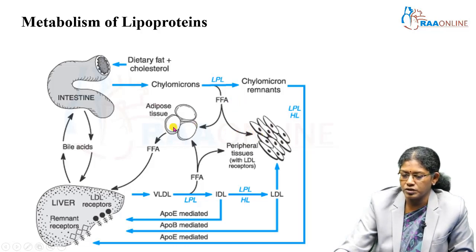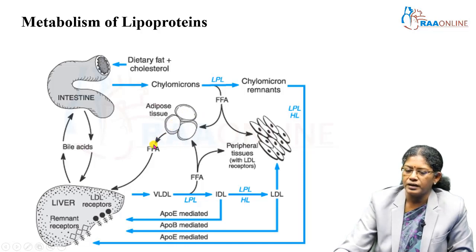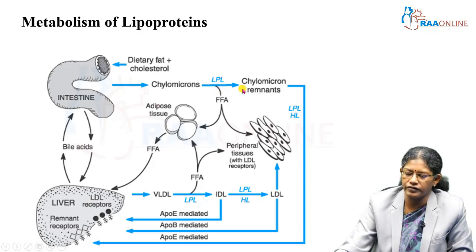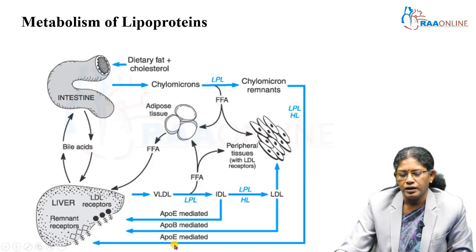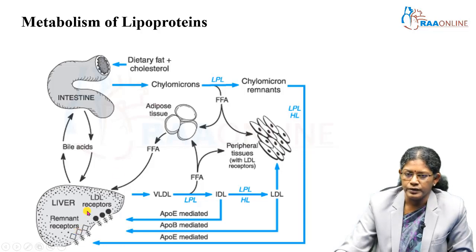When it goes to the adipose tissue, it is stored in the form of triglycerides. The remnants, that means the remaining part of the chylomicrons, are reabsorbed by our liver, ApoE mediated. It's a type of protein, and with the help of this protein, it is reabsorbed by our liver. So this is what happens to chylomicrons.